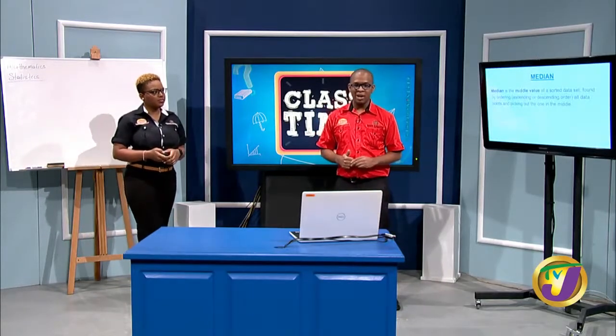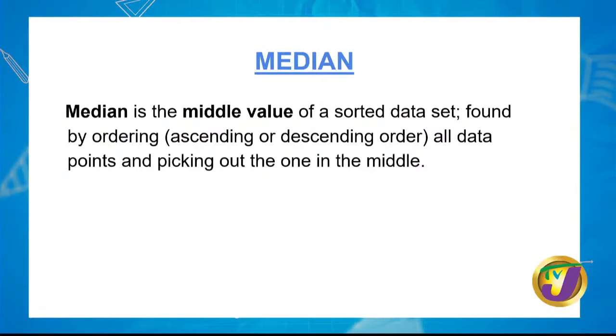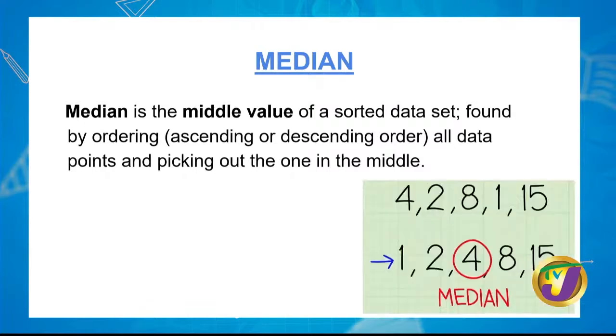Median. The median is the middle value if the data is sorted in order, and it can be done in either ascending order or decreasing order. After sorting, you can pick out the middle value from those data points. And this is how we would arrange the data.